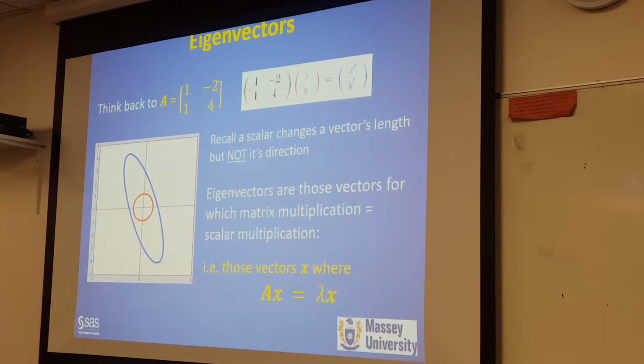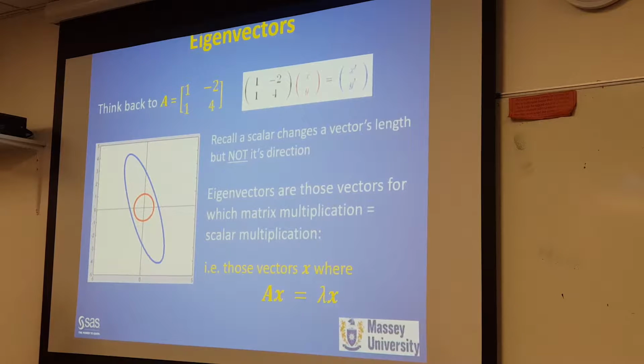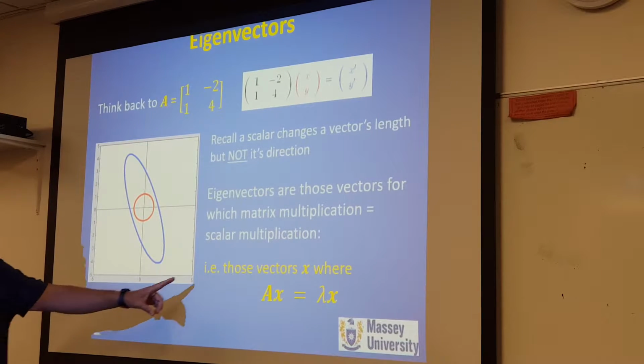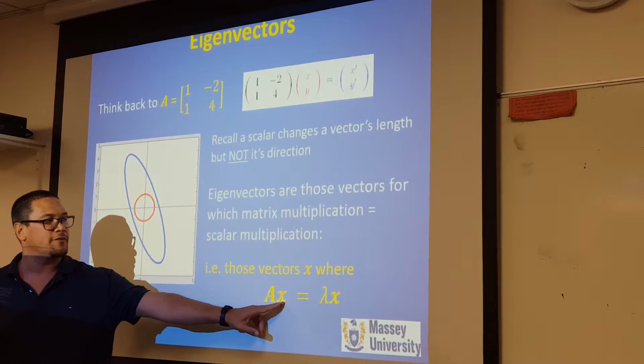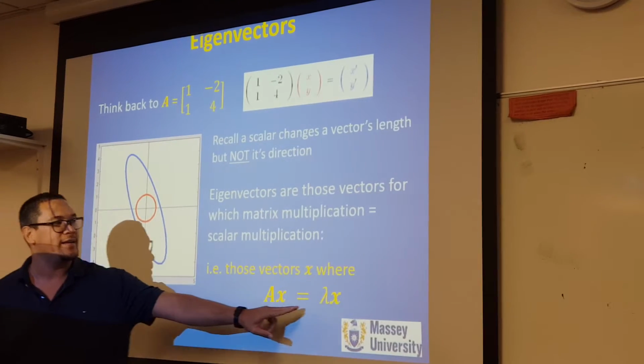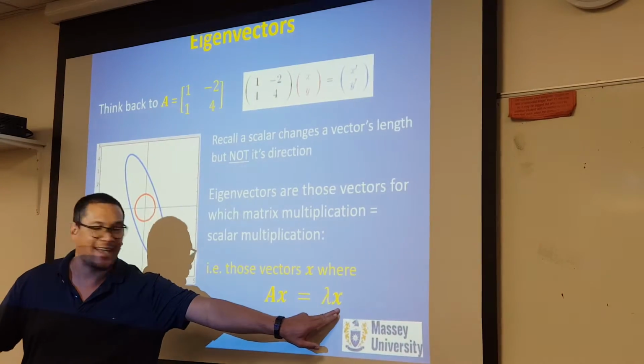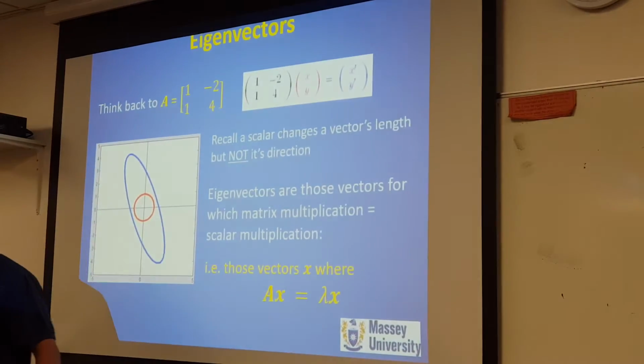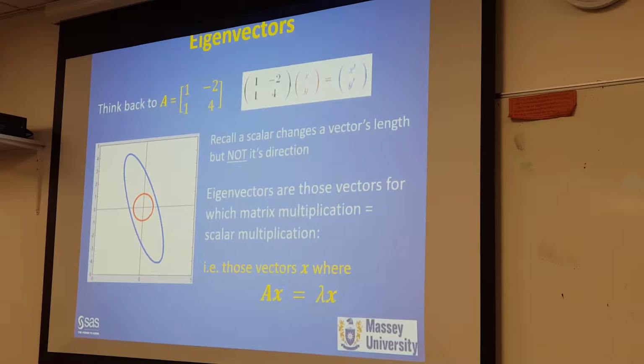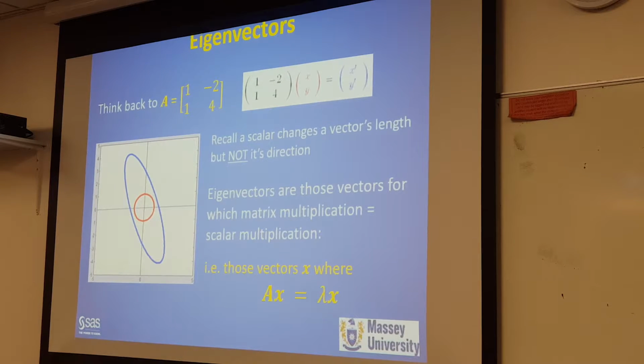So those eigenvectors we now know are those vectors which, when we multiply by the matrix A, are still in the same direction. In other words, those vectors x, where if we multiply that vector by A, it is in the same direction, it might just have changed length. So it's still x, but x multiplied by some sort of scalar. It could be x by 3, or negative 1, or something like that.